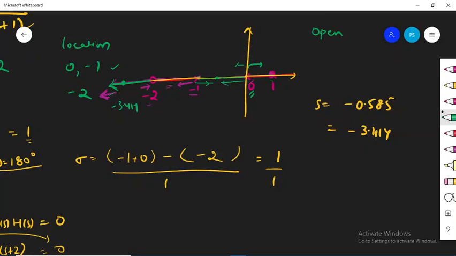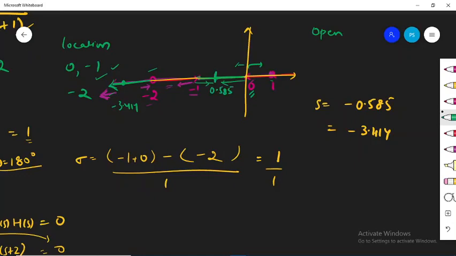Root locus diagram always terminates at the open loop zeros, which are located at minus 2, and another at minus infinity, because it goes along the asymptote. So this minus 1 will move towards this point, and this 0 will move towards this point, where it will break away. This is the point, s equal to minus 0.585.